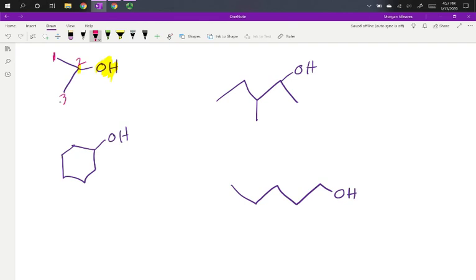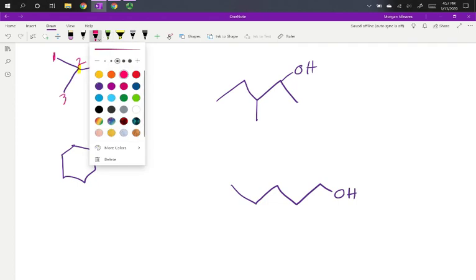Now, either direction I number it, it's going to put the OH on the 2 position. If I had a slightly longer chain, one of them might be a better place to start from. But in this case, I still want the longest chain that includes my functional group. Your functional group doesn't have to be at carbon 1. It just has to be on the longest chain.